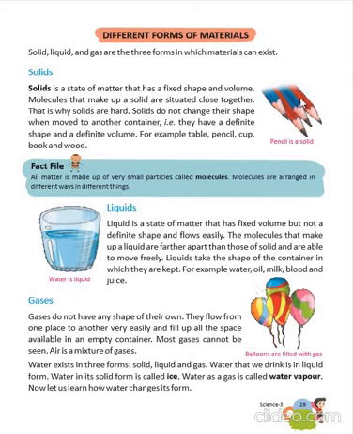Look, this pencil has a fixed shape and volume. In these, molecules are closely situated together. That's why solids are very hard. They cannot change their shape and we cannot even transfer a solid from one container to another container.